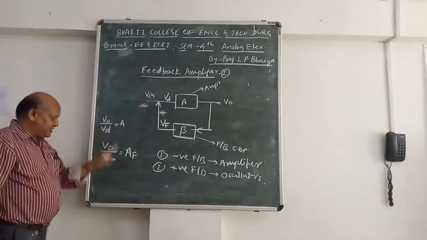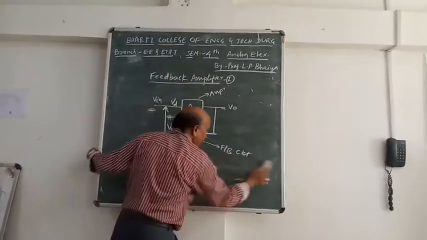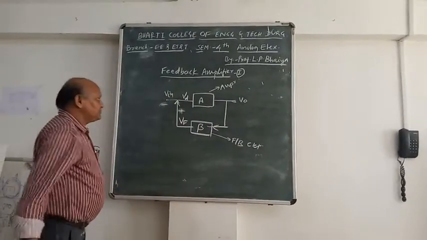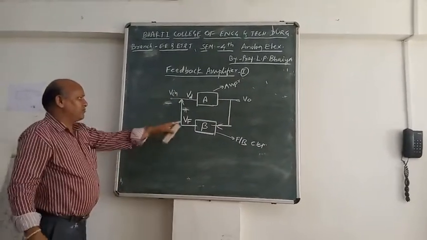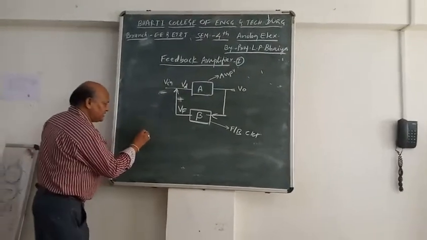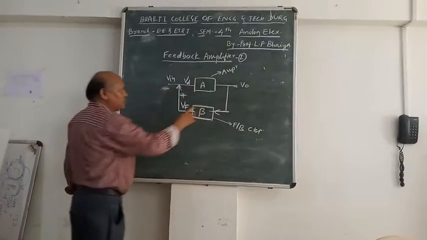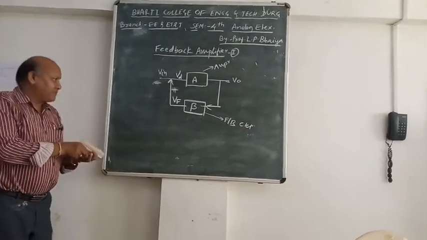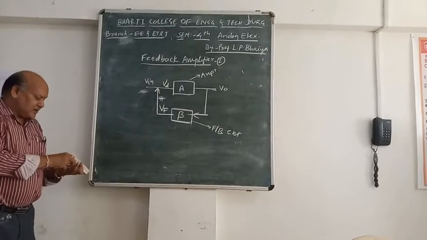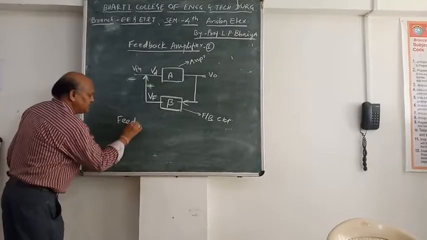This is the open loop gain and this is the closed loop gain. Now I am going to tell you that when we apply this negative feedback, there are four types of topologies used in the amplifier. This is called the feedback topology.